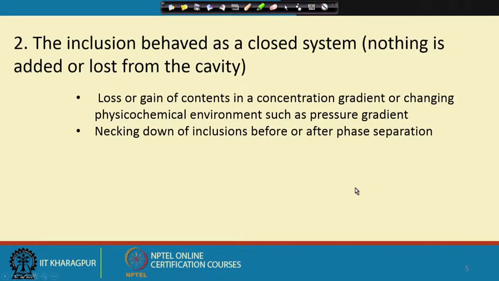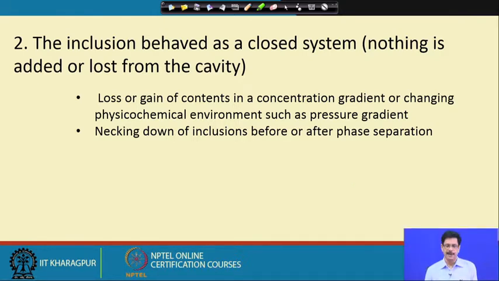Okay. So, the second assumption is that the inclusion behaves as a closed system, nothing is lost or added from the cavity. Though this assumption is valid in most cases, under certain circumstances a suspicion grows that the inclusion cavities, once trapped, might have exchanged components with the surrounding, either by loss or gain.